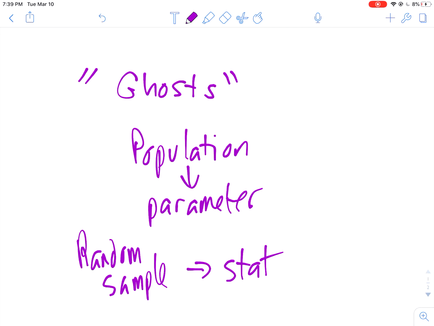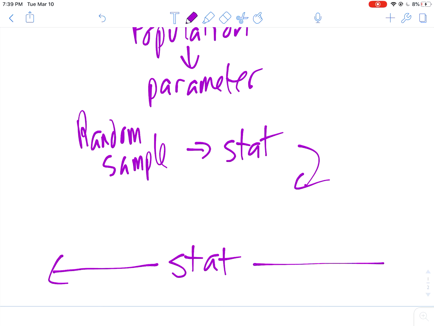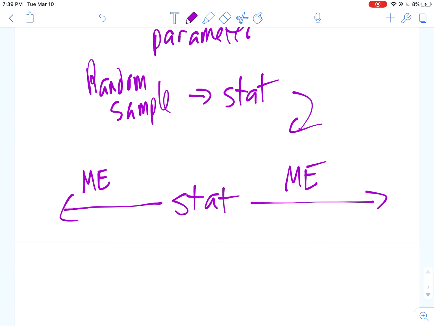You don't want to do that. There's variation in sampling. So what do we do? We create a range of values that could capture that parameter. You take that stat, you go down a bit, you go up the same amount. That's your margin of error, and that creates a range of values where that parameter could fall.